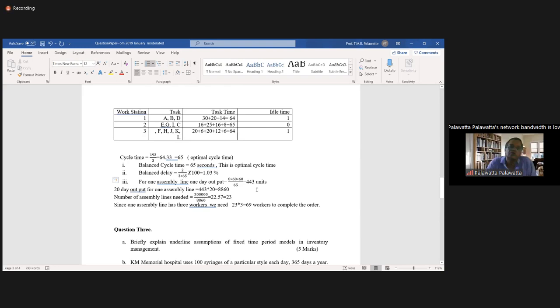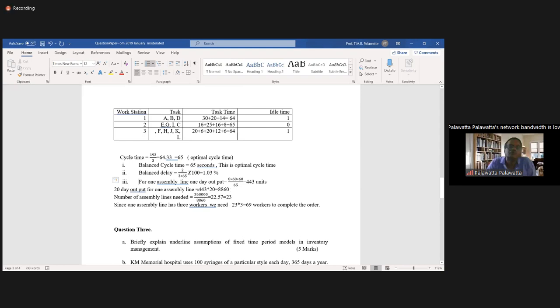Fractional items are not acceptable. So we produce 443 units in one production line. And then 20-day output for one assembly line, 443 multiplied by 20, 8,860.